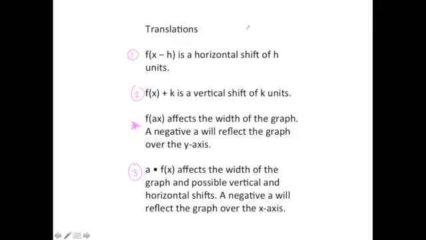Now, what's so cool about these translations is that these things are true no matter what type of function you are using. Whether you're using a parabola, which looks like this, or a trigonometric function, cosine of theta, which looks like something like that, or a polynomial, y equals x to the 4th, which is sort of W-shaped, or an odd-powered polynomial, which looks kind of S-shaped like that.